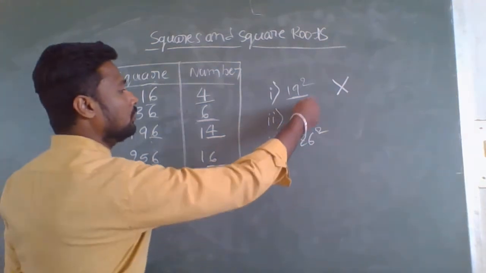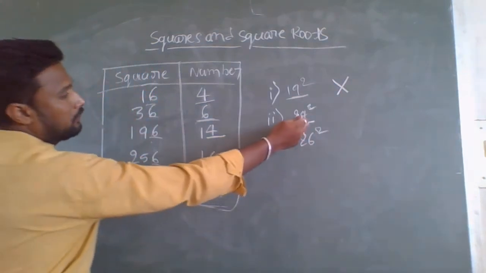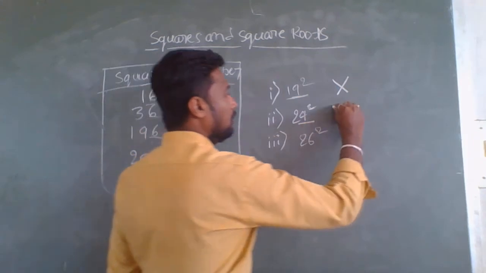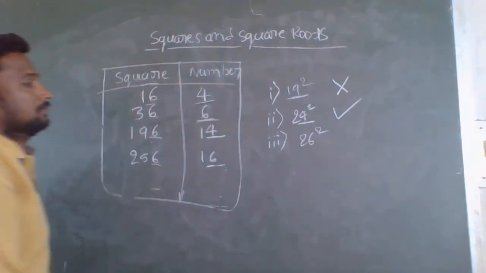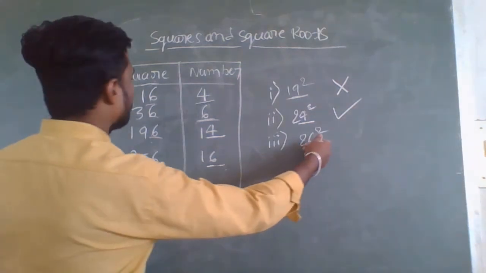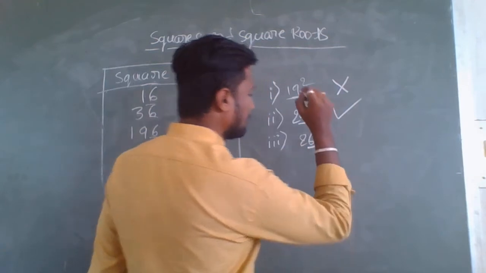Here it is 24 square. At the unit place 4 is there, means if it is 4, always the square number ends with 6. Therefore it ends with 6. Again here they have given 26 square, means at the units place 6 is there.